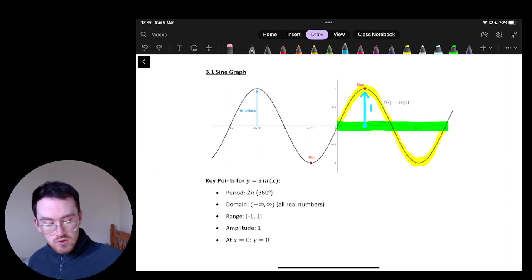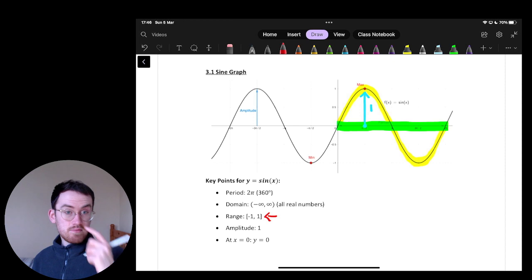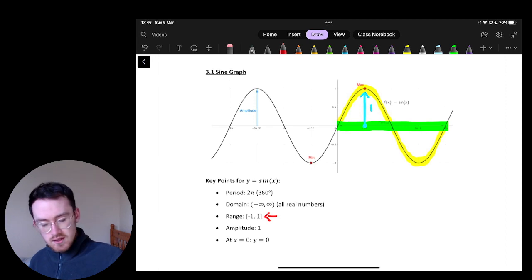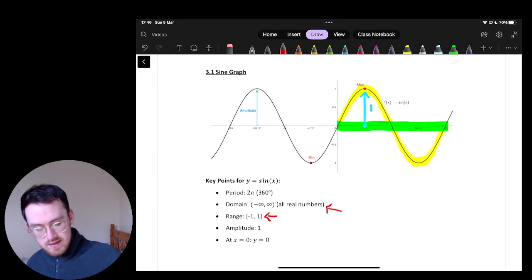So we represent our range as [-1, 1], and the square brackets show us that both of those points are included in the range. The amplitude we've said is 1, and x is equal to 0, y is equal to 0 as well. And then domain, we should remember, is the x values.